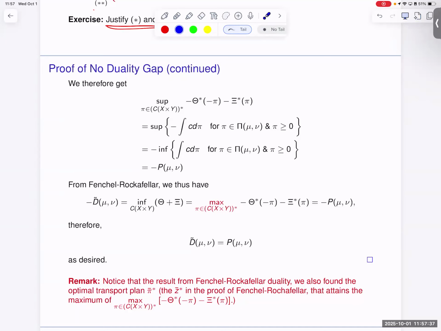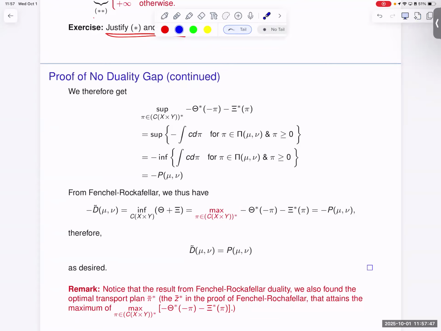Okay. So that is in Fenchel-Rockafellar duality. If you remember, the question was, why do you have such attainment?